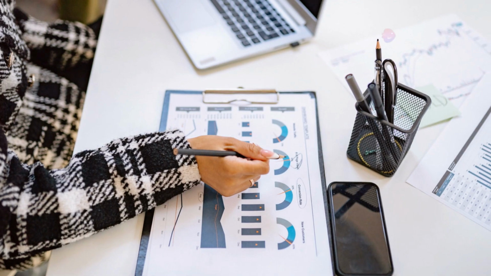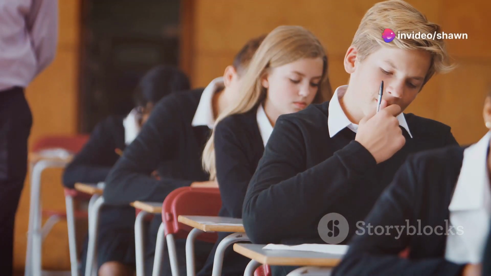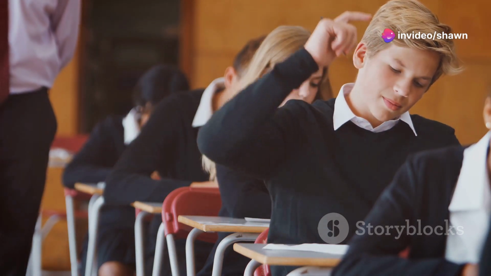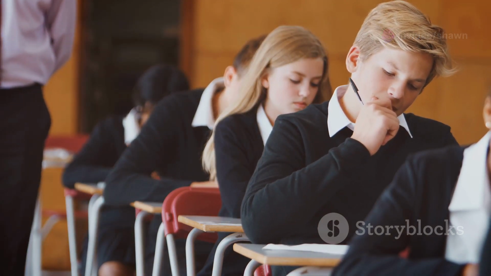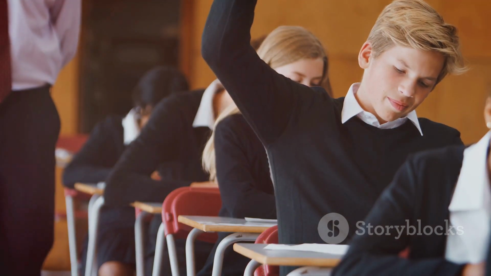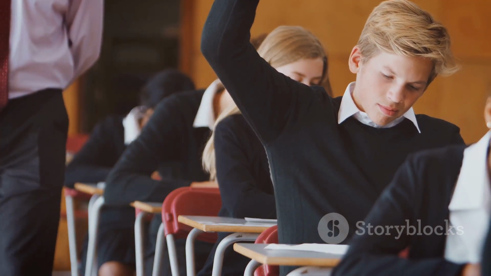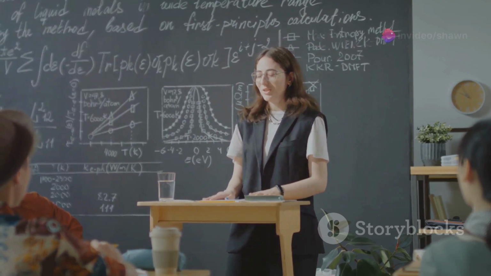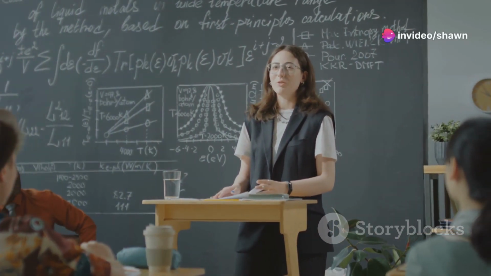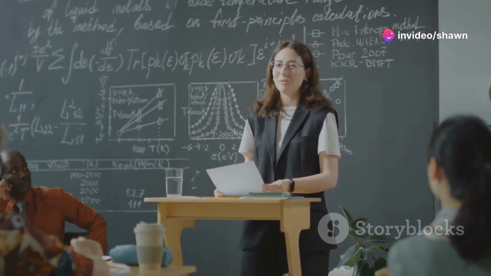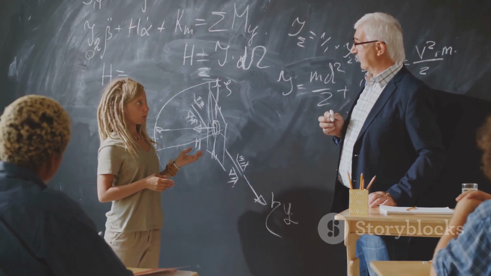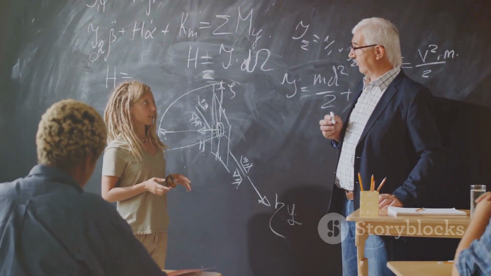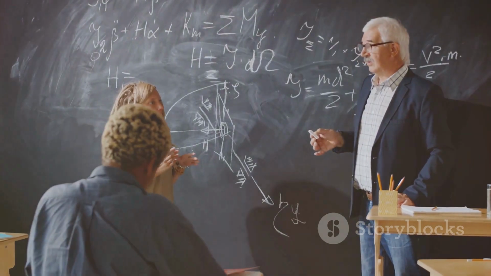Imagine you're comparing the exam scores of students taught by 3 different teachers. The total variation in scores would encompass all the differences in individual student performance. ANOVA would then separate this variation into 2 components: the variation within each teacher's class, due to individual student differences, and the variation between the classes, potentially due to the teaching methods of each teacher.